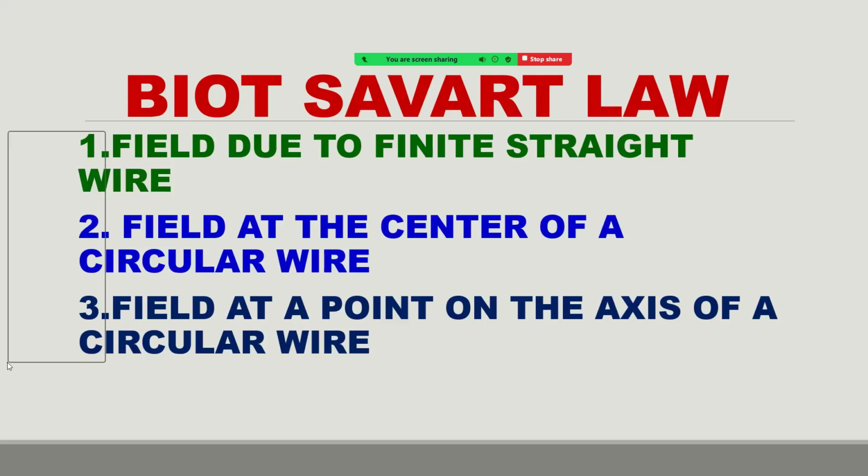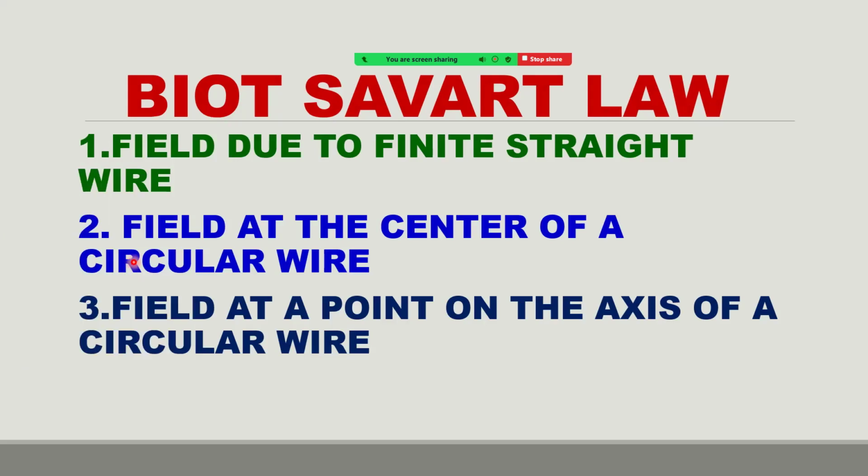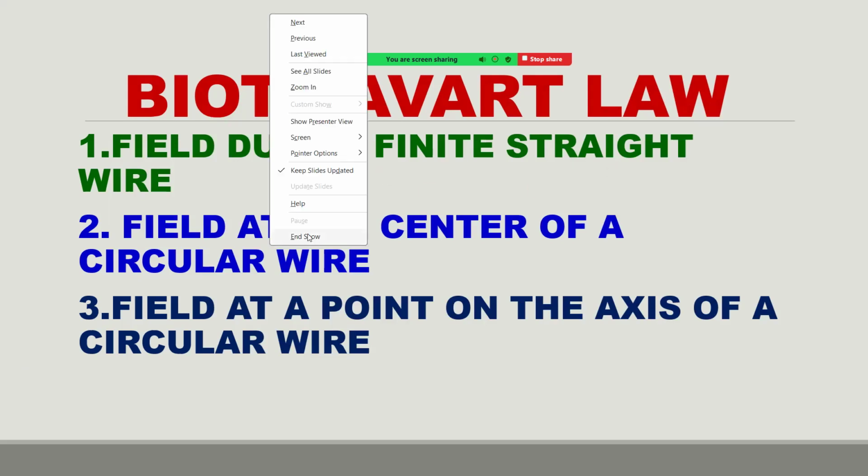First, we are going to calculate the field due to a finite straight wire. Let us see how to get it. So we are taking a straight wire. It has a finite length.